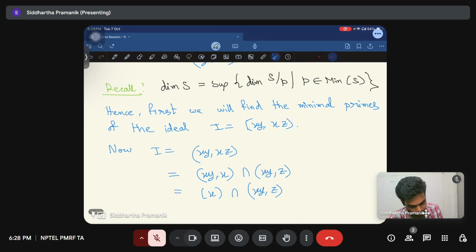Now here the GCD of x and y is 1, so again we can decompose this part. So it is the ideal (x) intersection the ideal (x, z) intersection the ideal (y, z).